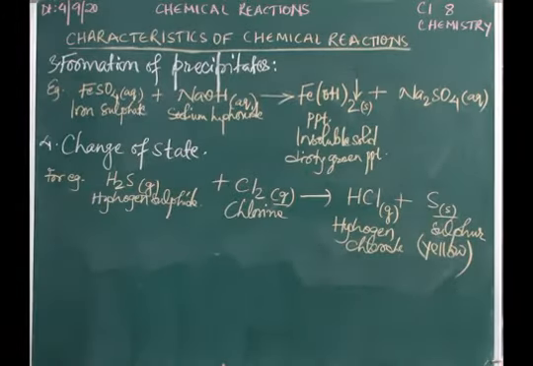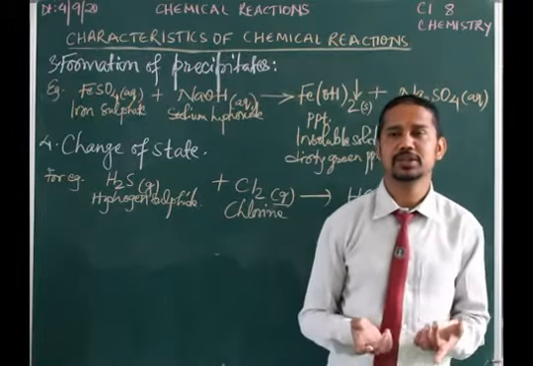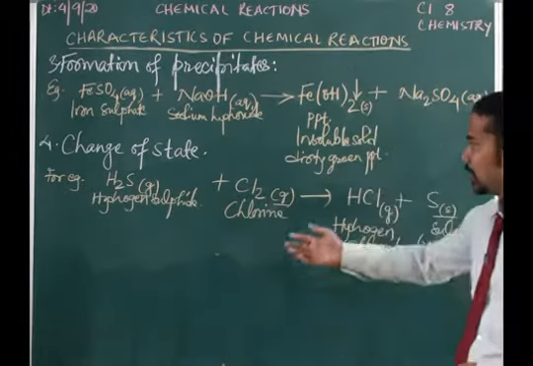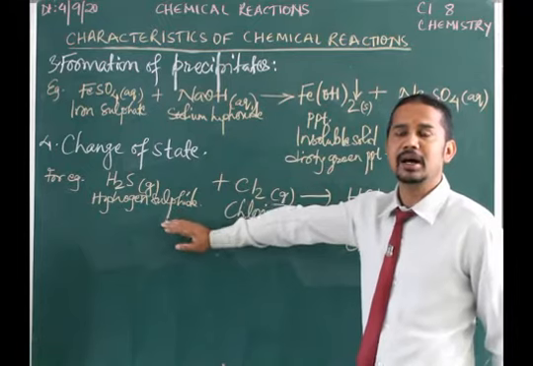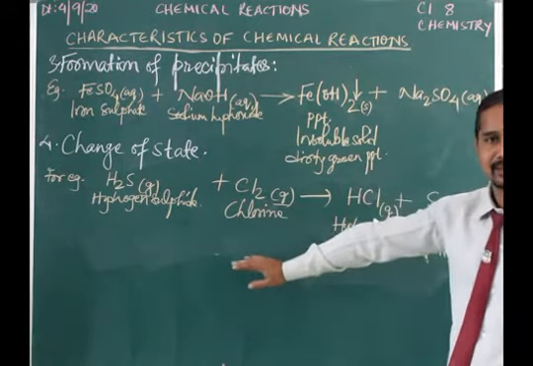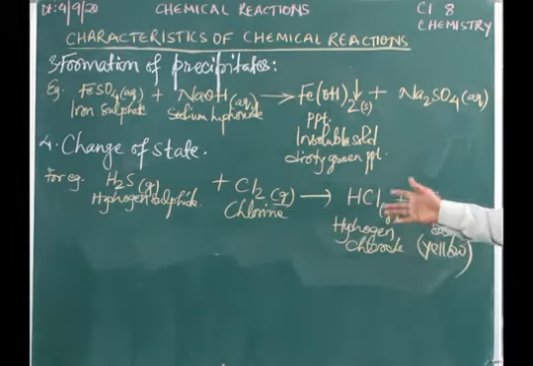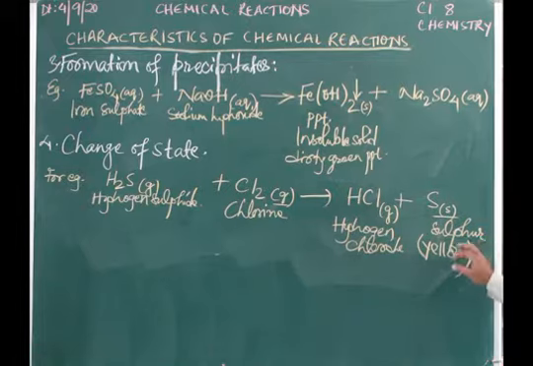You may be thinking that in a physical change also the state changes, but in a physical change, a new substance will not be formed. Here hydrogen sulfide is a colorless gas, chlorine gas has a color, and you are getting a different colored solid, a yellow solid, which was not there before.